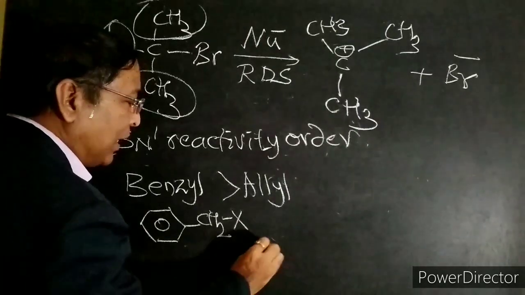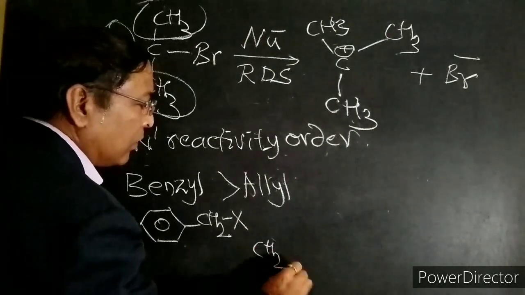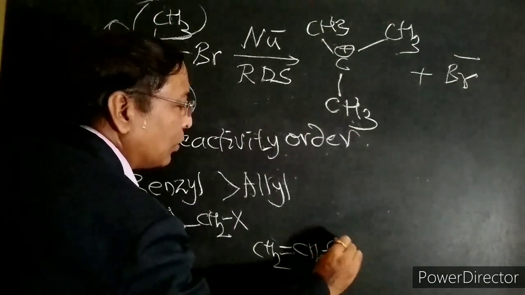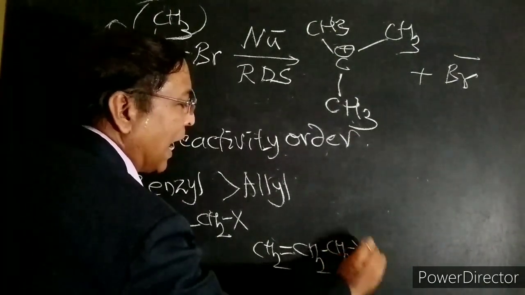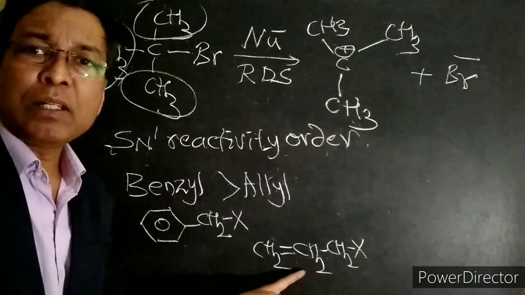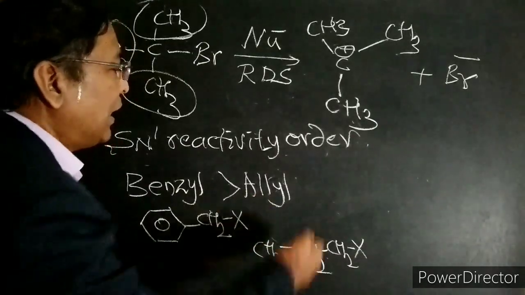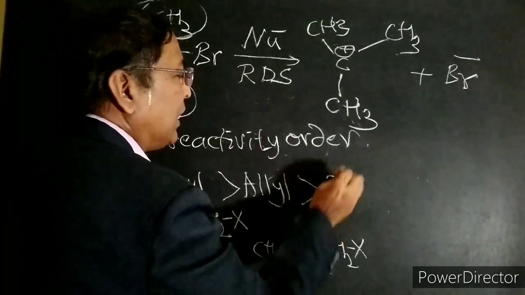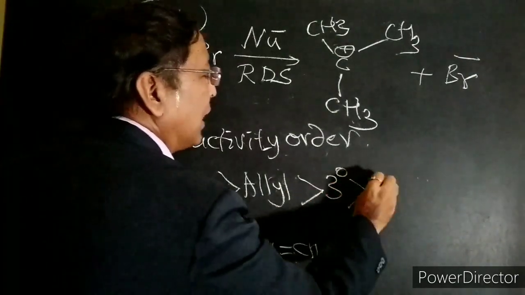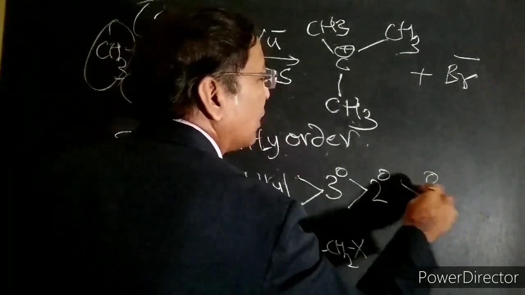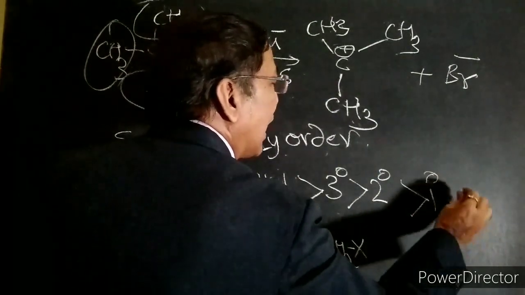Allyl halide means when the halogen atom is attached to the carbon atom next to a carbon-carbon double bond. Then the tertiary alkyl halides, then secondary alkyl halides, then primary alkyl halides or 0 degree alkyl halides.